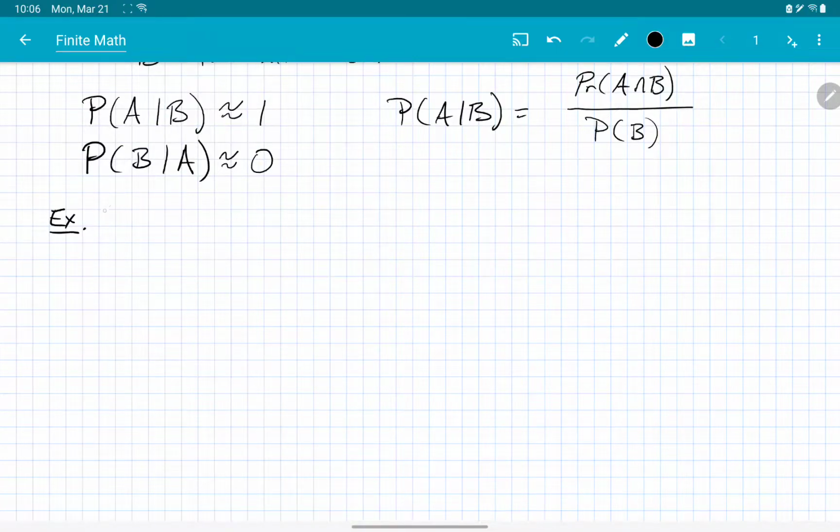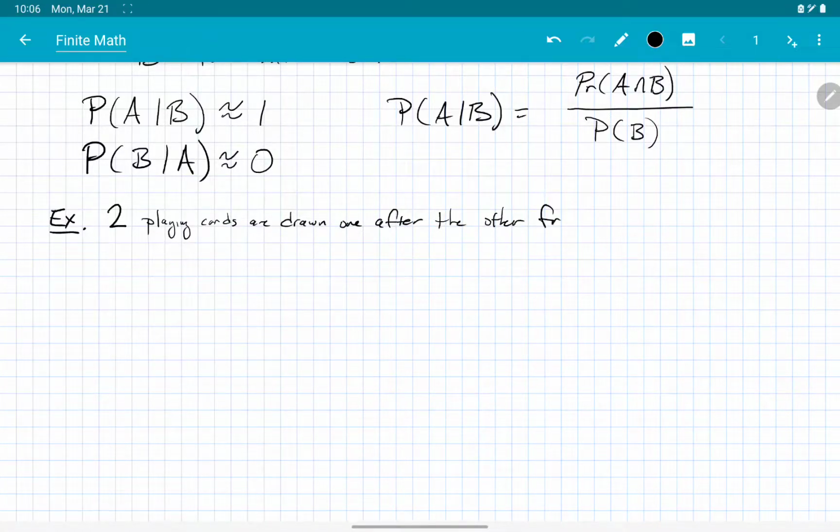Okay, this problem says 2 playing cards are drawn one after the other from a deck of 52 cards.